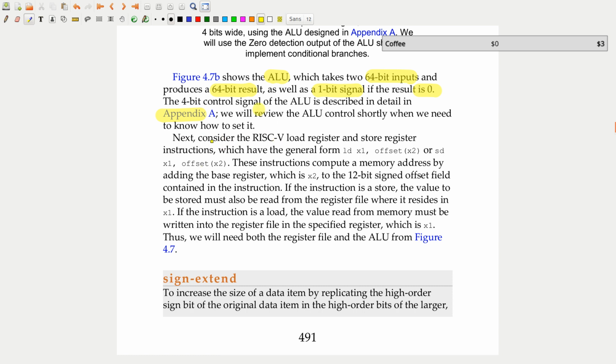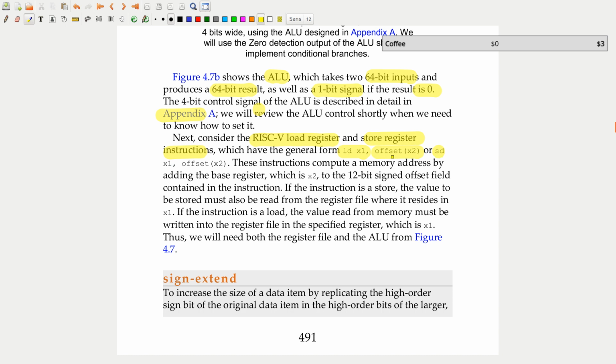So now let's consider the RISC-V load register and store register instructions. We have this general form of load x1, some offset of x2. This says that we're going to look in memory at the address that's held by x2 with some offset, and we're going to store this value into the register x1.